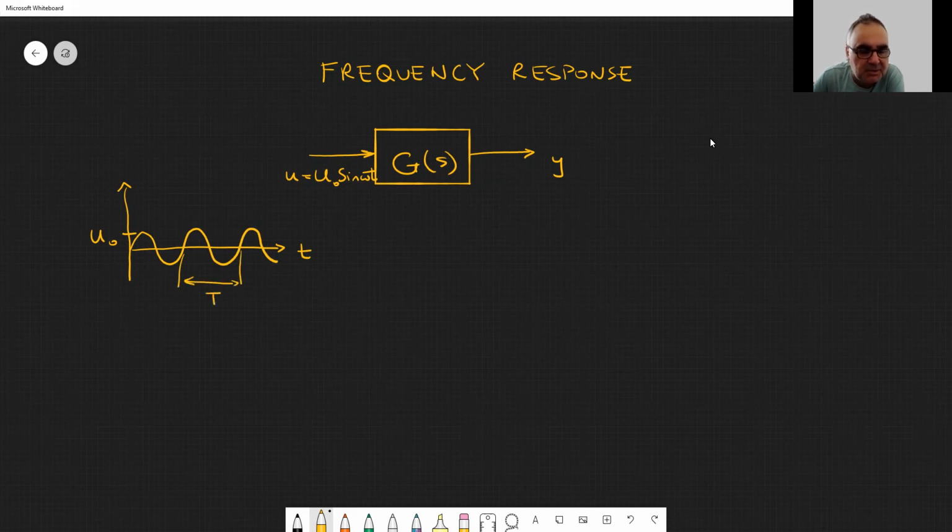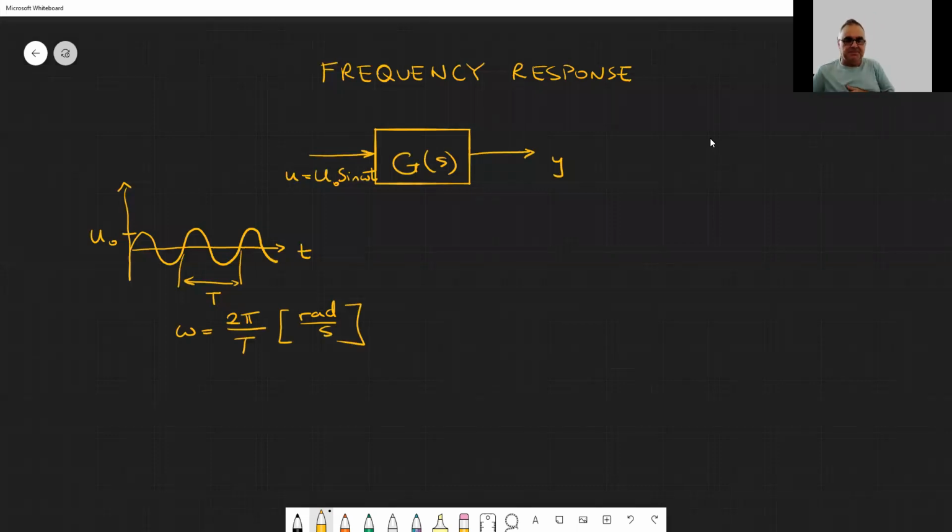Let's say that the period is T, so that the circular frequency, which is measured in radians per second, is omega. Now, it might look like a very specific kind of input, but it is not. It is something very fundamental, and it is a very important tool in the analysis of systems.